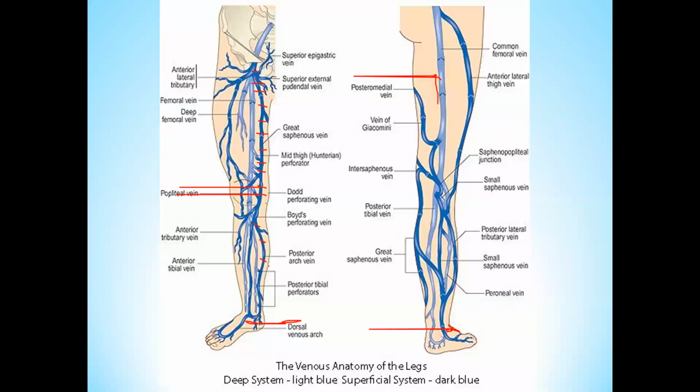The venous system is composed of three systems: the superficial venous system, the deep venous system, and the perforating venous system. It is called the perforating venous system because it perforates the muscle fascia and reaches the deep venous system, transferring blood from region to region from the superficial venous system to the deep venous system.